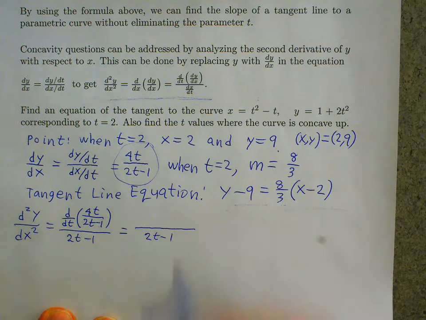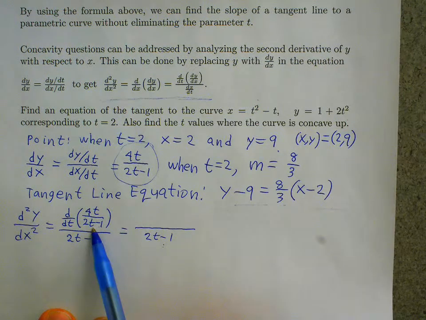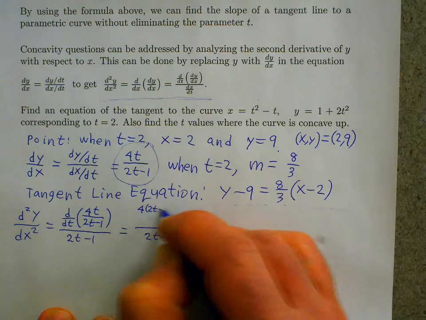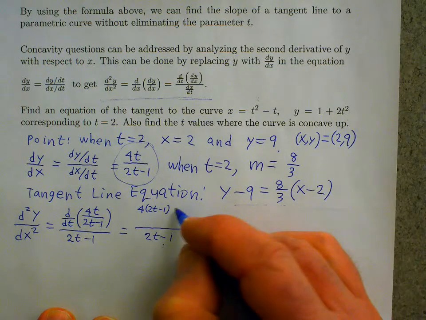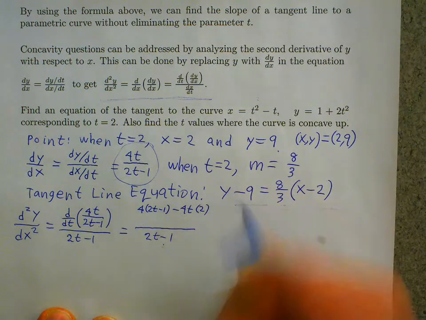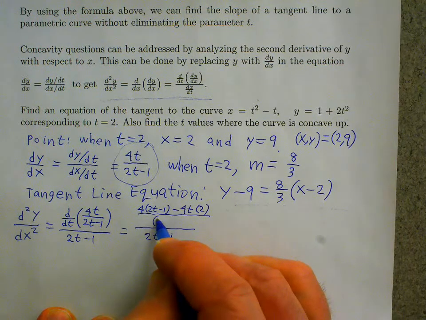So for now, the denominator stays the same, 2t minus 1. And then the derivative of 4t over 2t minus 1 with respect to t. So we get 4 times 2t minus 1 minus 4t times 2, divided by the denominator squared.